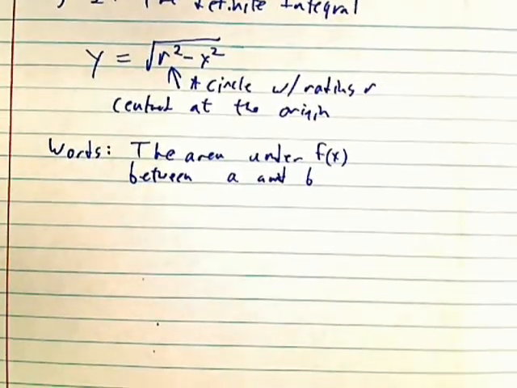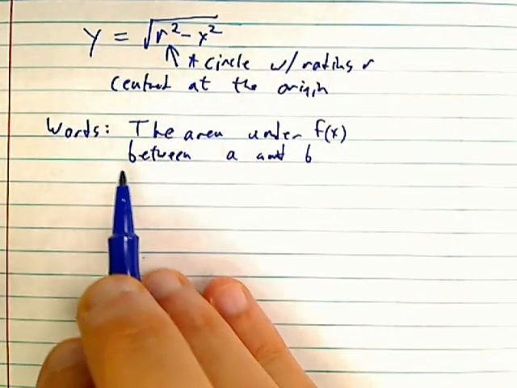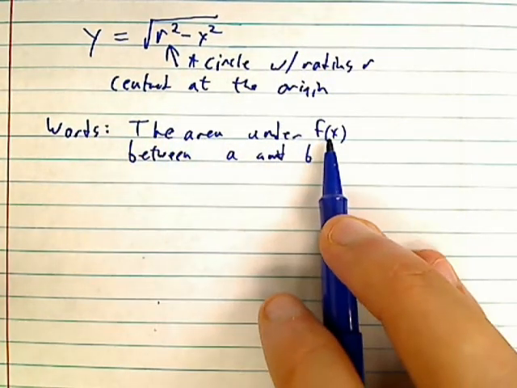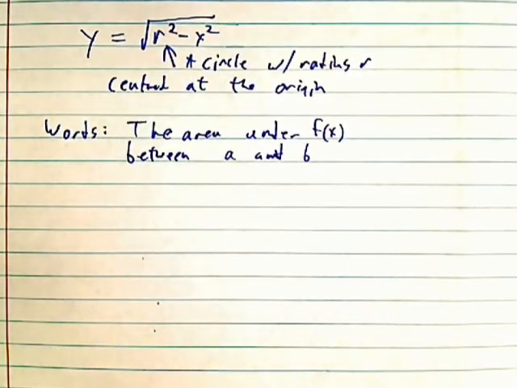And maybe we've been more specific: the area under x squared between 1 and 7 or whatever. And we've used rectangles to approximate that, or geometric methods if it was a straight line. But that is something that we've said.